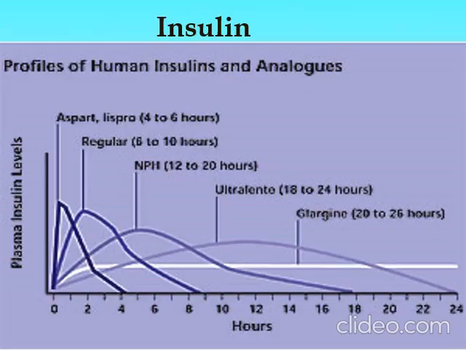This curve demonstrates the level of different types of insulin preparations. As we see, the glargine curve gives a maintenance or basal level of insulin for about 20 to 26 hours with no spikes.